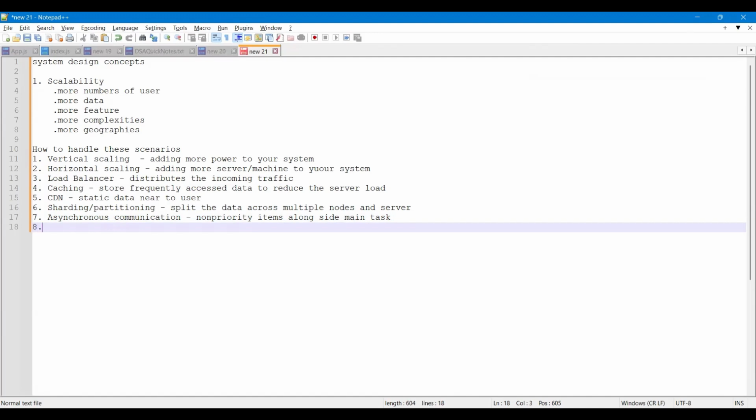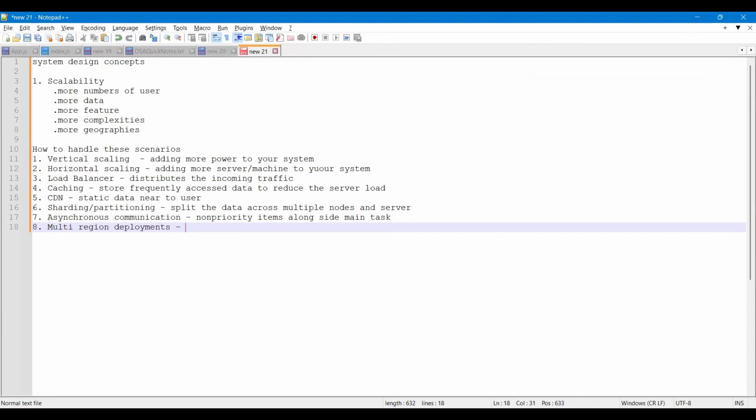Okay, then we do have multi-region deployment. What do you mean by multi-region deployments?